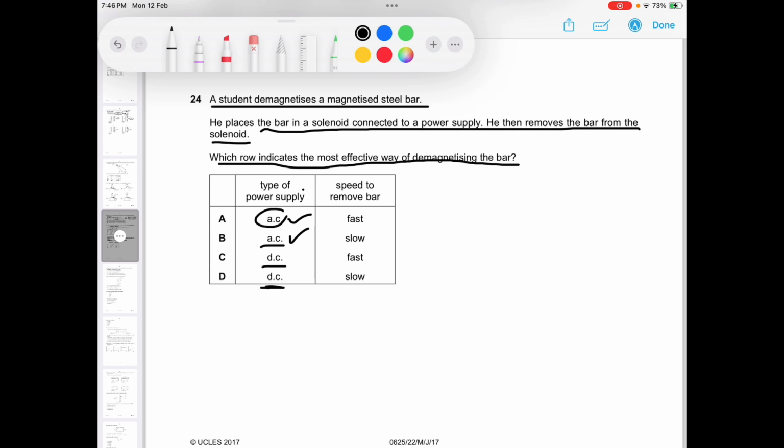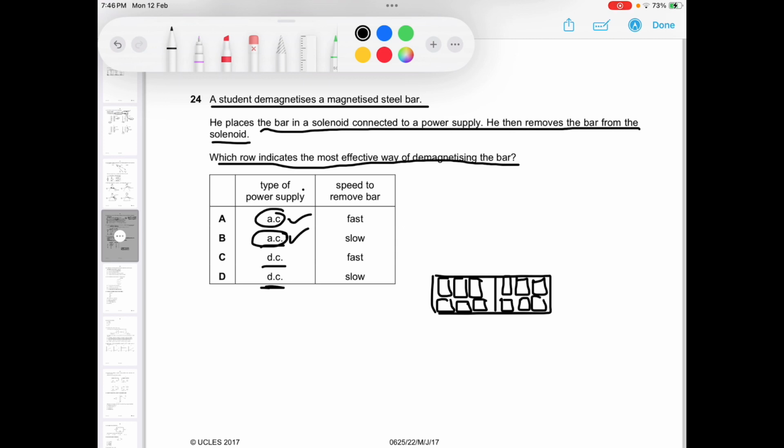And the reason it has to be AC is because it then mixes up things called domains. So the magnet here is made up of tiny little domains. Because it's a magnet, these domains are arranged. You don't really need to know this in O level, but just for the sake of it.